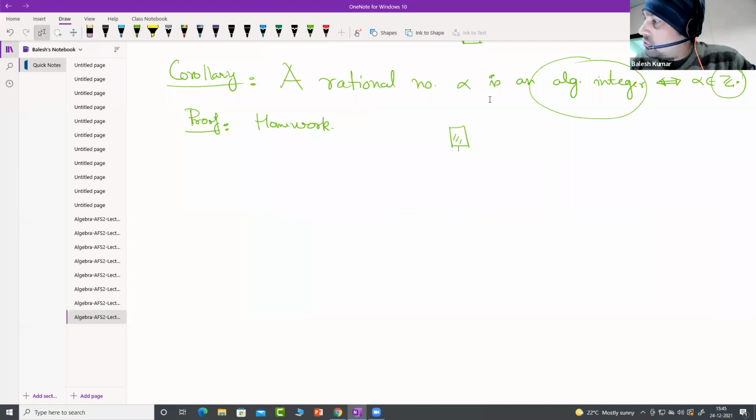So what we would like to say is that the leading coefficient in the definition of an algebraic integer can be thought of as a denominator.